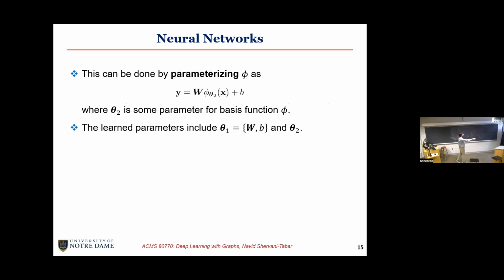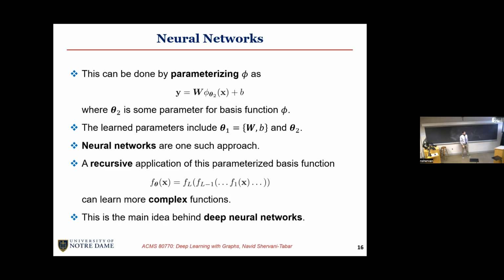We have some equation and then we define a transformation phi theta 2 of X. I call it theta 2 because I call the parameters of our original linear model theta 1. So now the set of parameters for my model includes W, B, and theta 2. When we train, we have X's, we have Y's, and we want to fit a model based off of these three parameters.